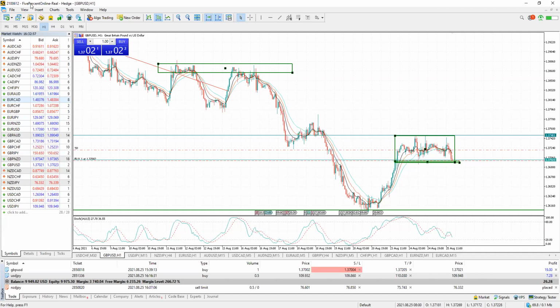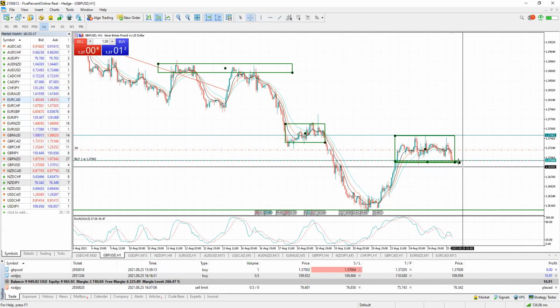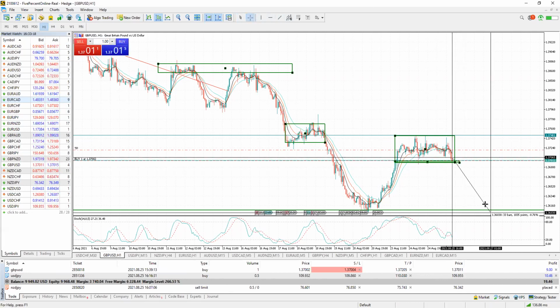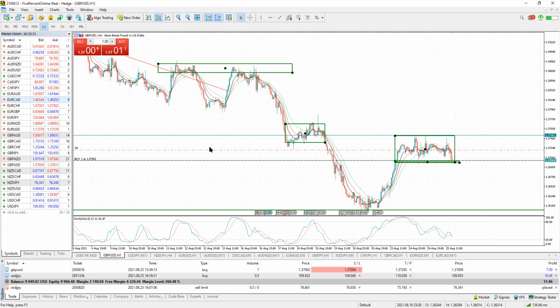Here also, after the big move on the downside, I highly believe that here was another block. So generally order blocks happen before a big move. So here I highly believe that we can make a big direction on the south side.